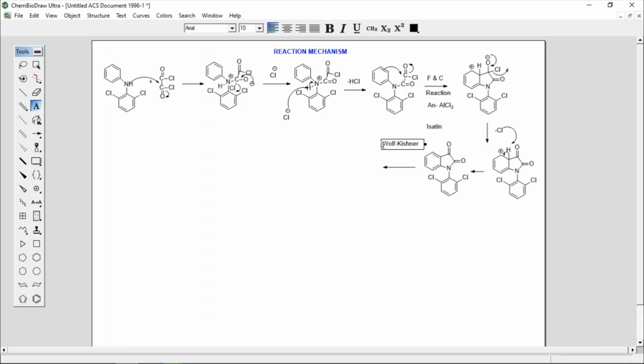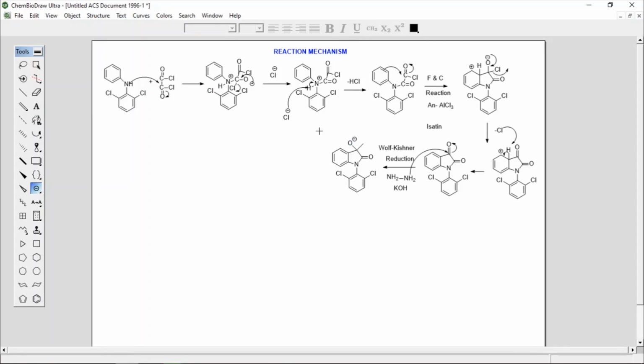Wolff-Kishner: NH2NH2 and KOH, that is hydrazine in alkaline medium. In the presence of base, there will be a negative charge on that oxygen.